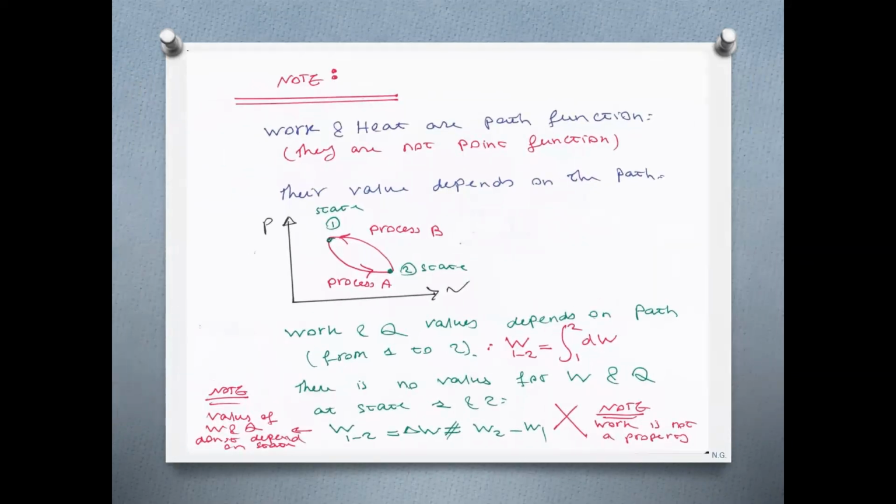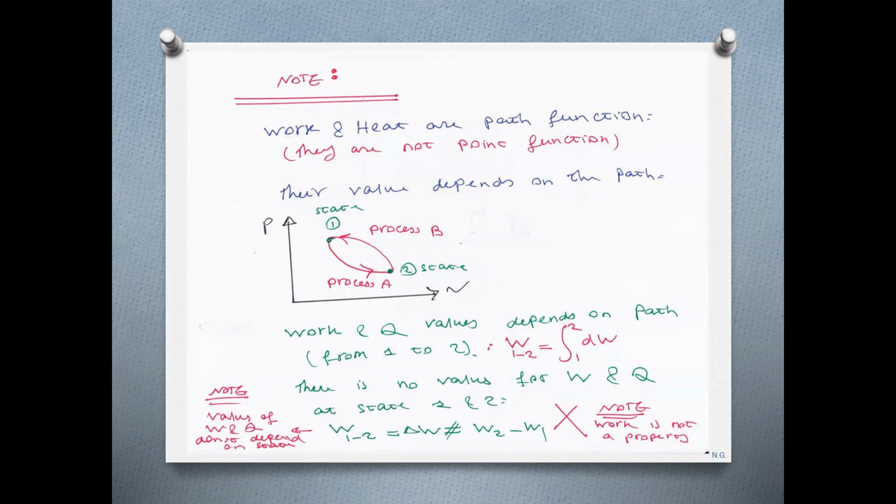Here under this note, I wanted to explain that work and heat, because we are talking about energy transfer into the system, energy transfer out of the system. This system can be a pump and water inside it, right? So it can be a turbine, it can be a pump, it can be anything, it can be a heat exchanger.